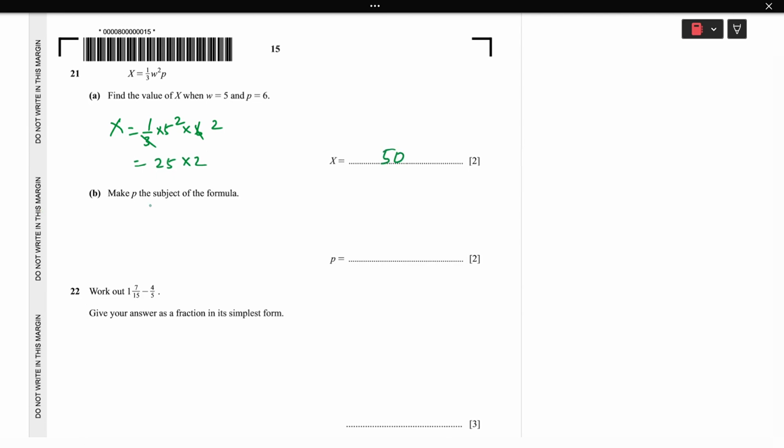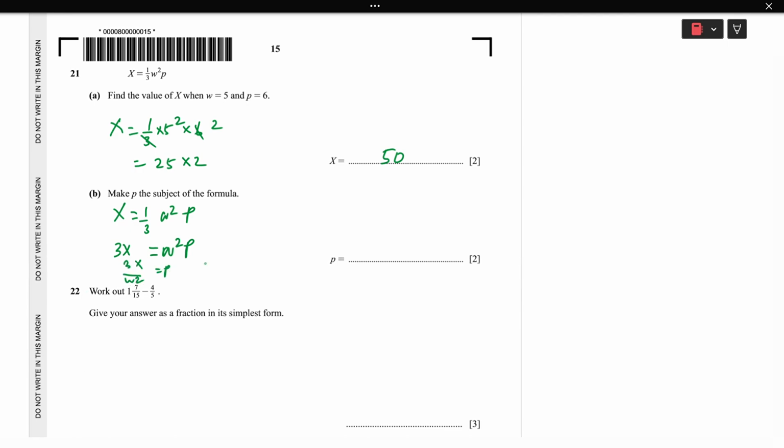Next, make p the subject. So I'll rewrite the equation, 1 over 3 w square p. Okay, so p is the subject. I'll push this 3 here, so 3 times x equal to w square p. Now I'll bring the w square to this side, so I'll get 3x over w square equal to p.